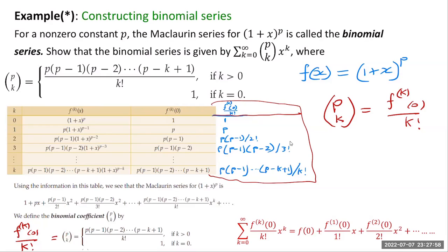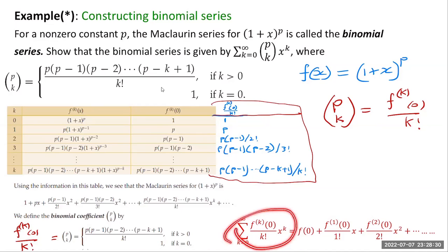First of all, notice that since I know that my f^(k)(0) over k factorial, which is what I denoted by p choose k, is given by this formula when k is bigger than 0, and it is 1 when k is equal to 0, that means I can write the Maclaurin series for that.